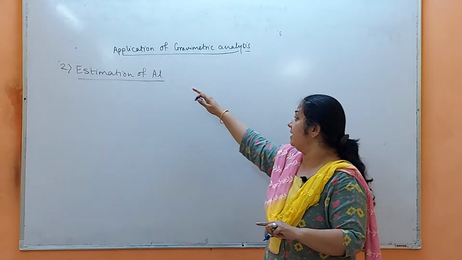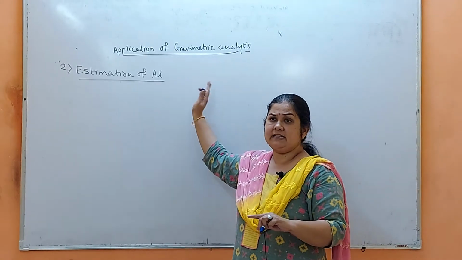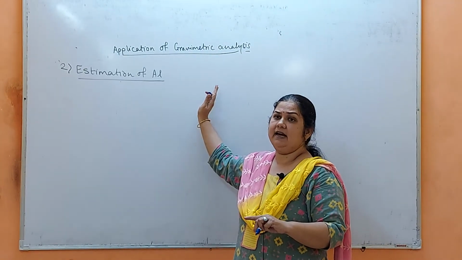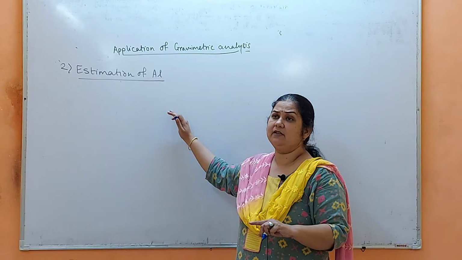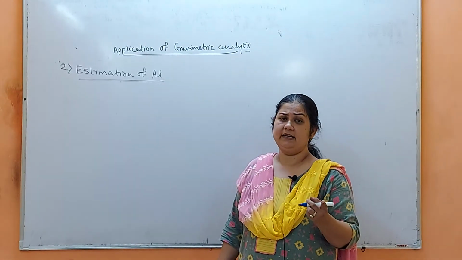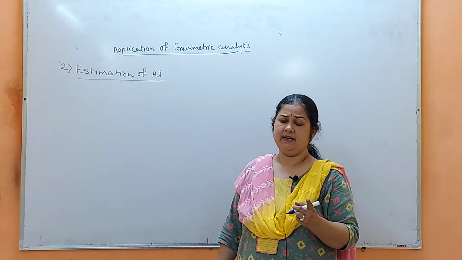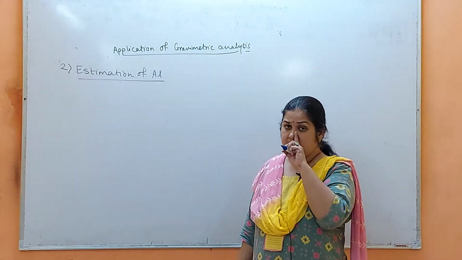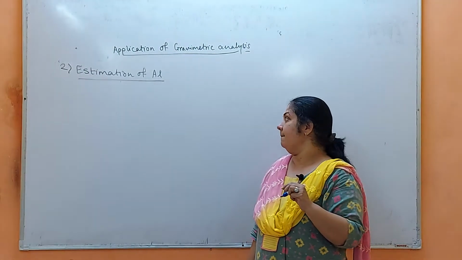First, precipitation of Al as Al(OH)3 is done, and then it is converted into Al2O3 alumina, which is hygroscopic, and hence a lid is compulsory for the crucible, as well as we should always cool it in a desiccator.